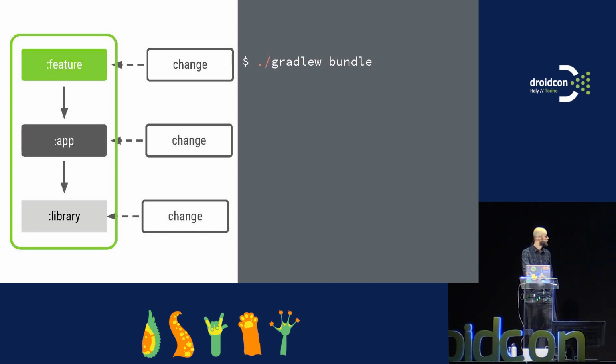But if we make a change to the feature module, because it depends on the library transitively, we still have to recompile everything. So anywhere you make a change, you still have to recompile everything. So be aware of this when you use the API keyword. While it's very easy to use and it's very tempting to use, you might not want to do this.